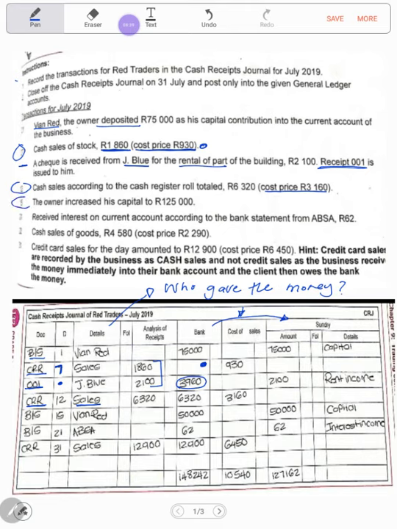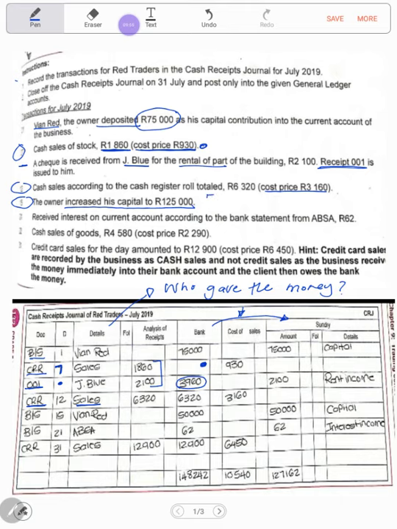Remember, the owner increased his capital too. So there's a little bit of a trick there. The owner increased his capital to 125,000, not by 125,000, grade 8s. So what do we do? In the beginning of the month, he transferred 75,000 Rand and now he is increasing his capital to 125,000.